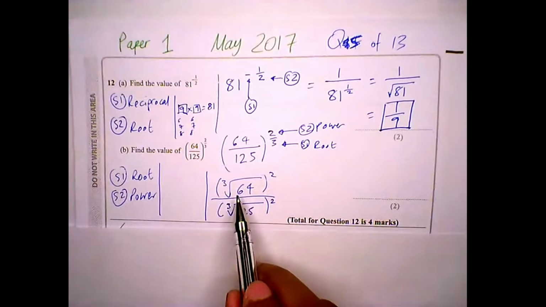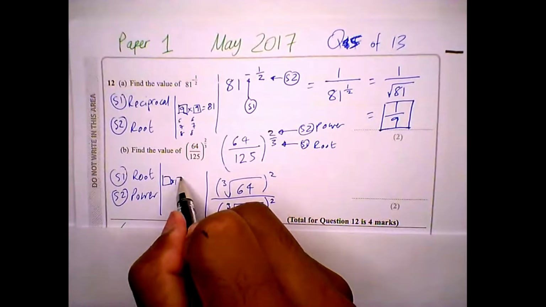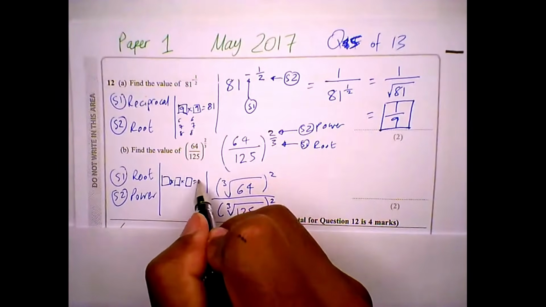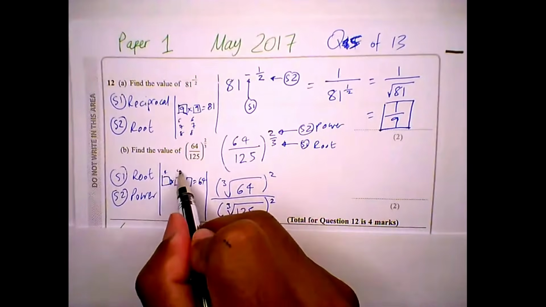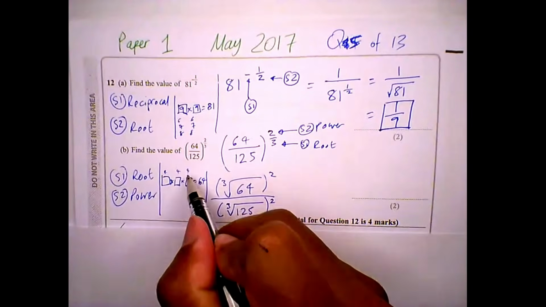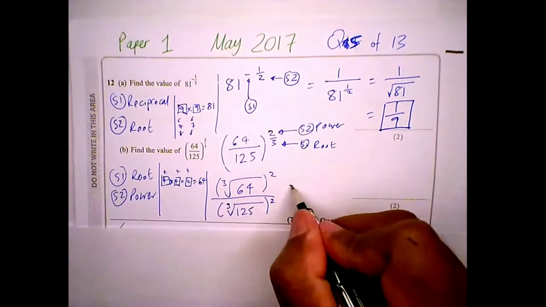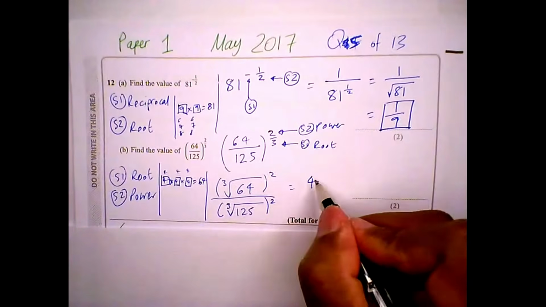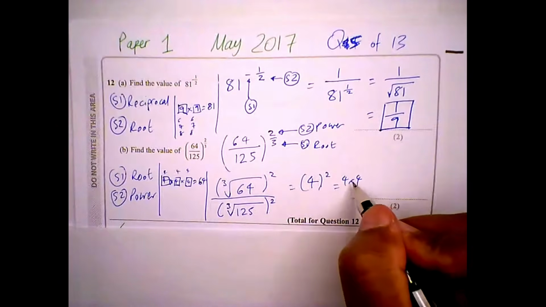Okay, so which number multiplied by itself 3 times gives me 64? We've done 3 before. So 4 times 4 is 16, times 4 is 64. So it's 4. Then I'm going to square that. So 4 times 4 is 16.